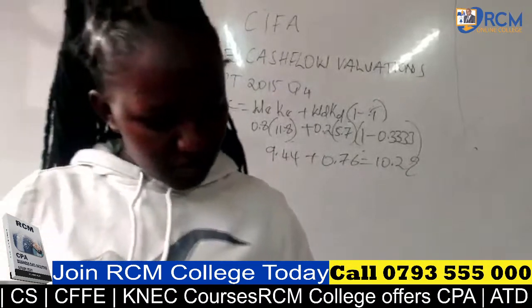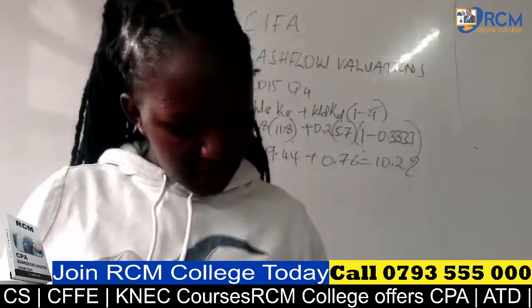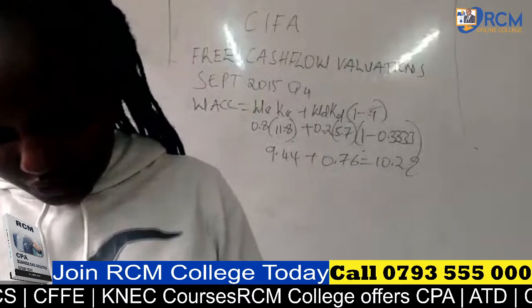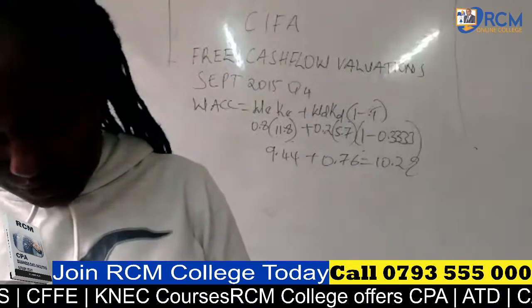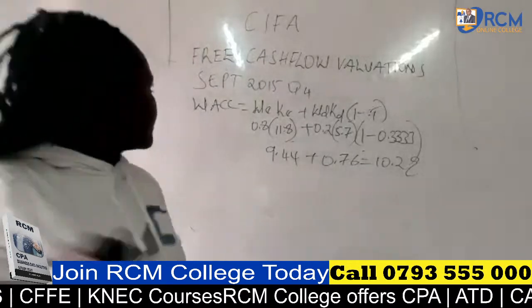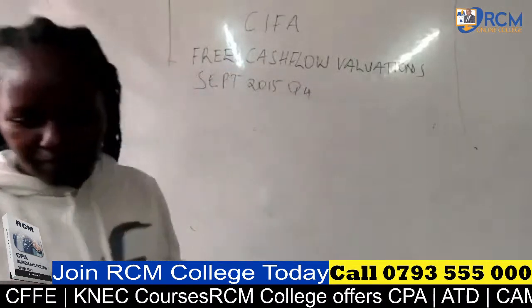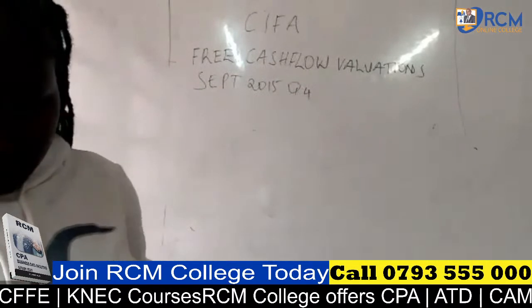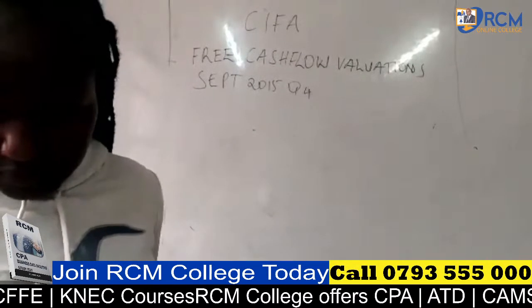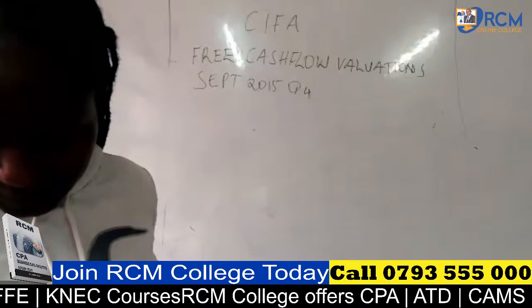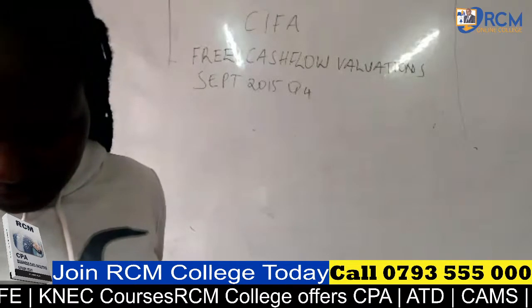The next question is asking us to get the value of Signet's equity using the free cash flow to equity valuation approach. For us to get the value of the firm, we take free cash flow to equity, incorporate 1 plus growth, and divide by the rate minus growth.